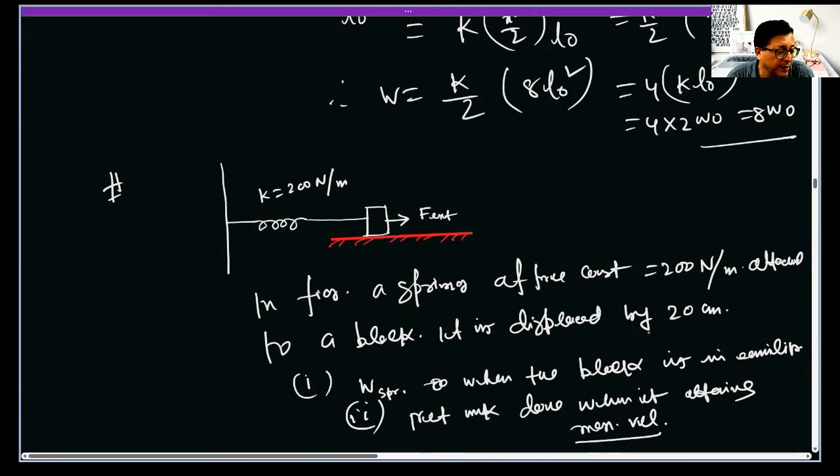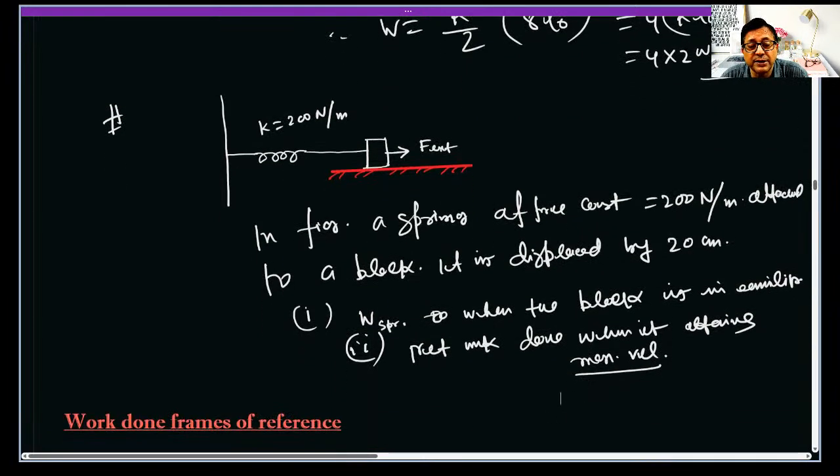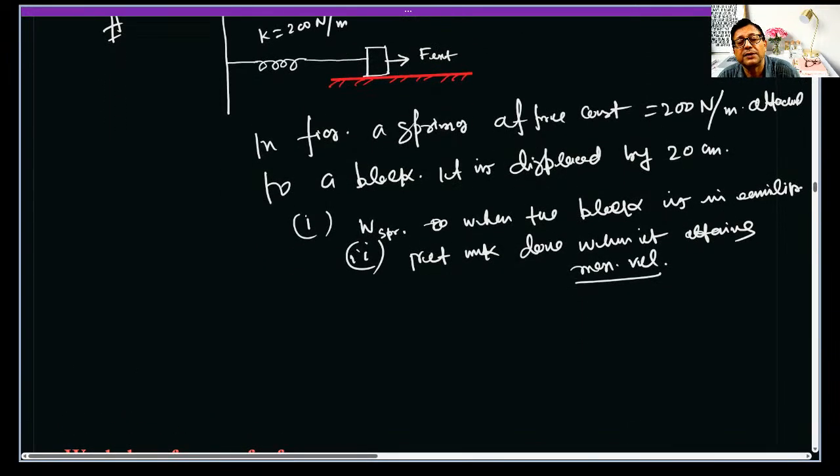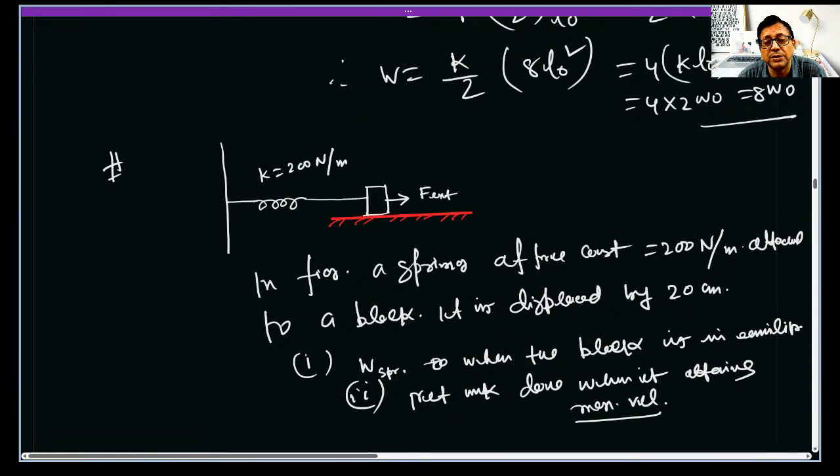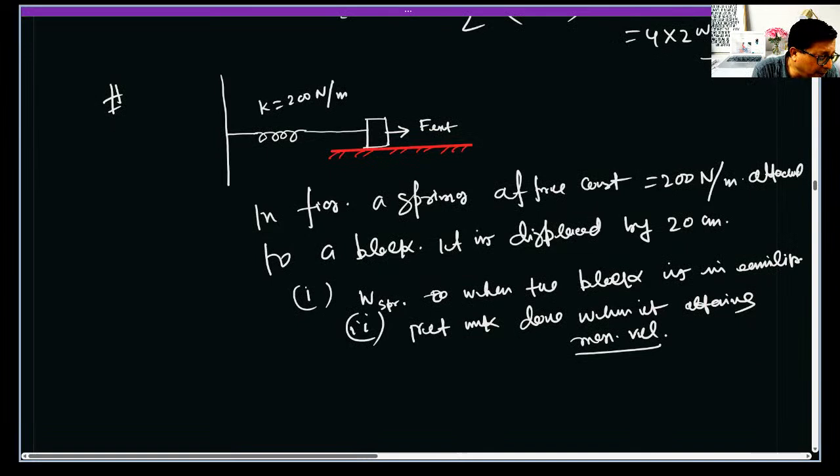This is the question. The question is a bit difficult here, isn't it? Why difficult? Because this is not a straightforward calculation. You have applied a force, displaced by 10 centimeter and then released from there.